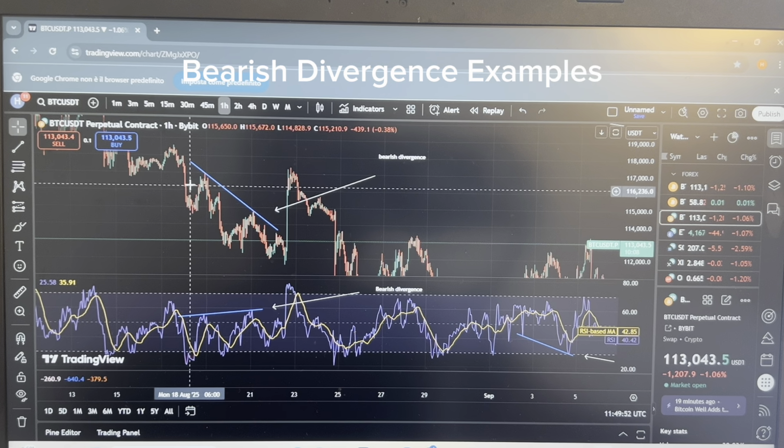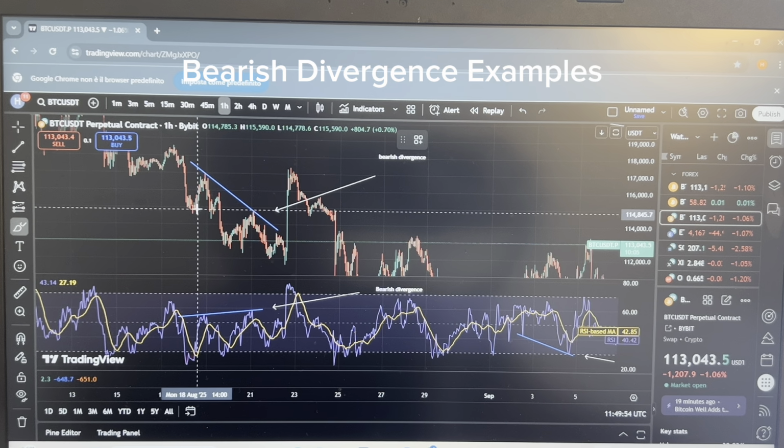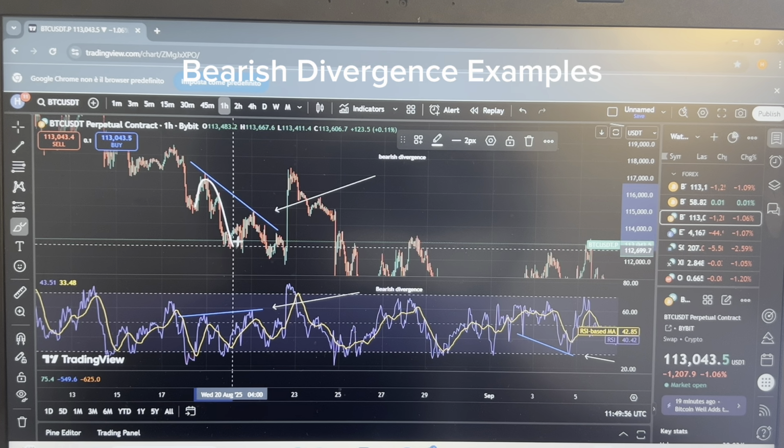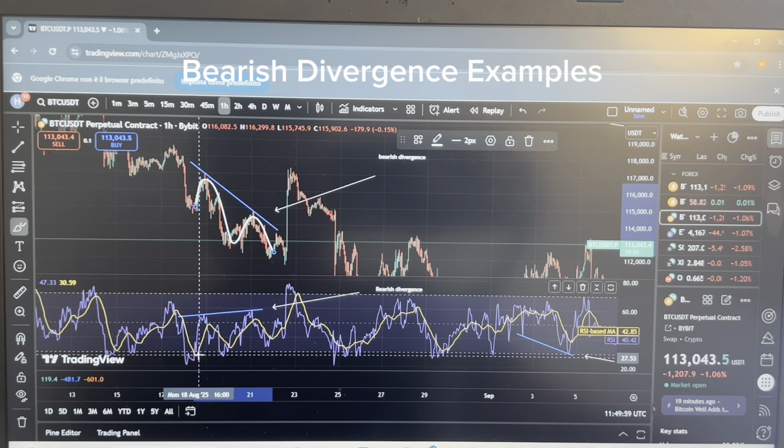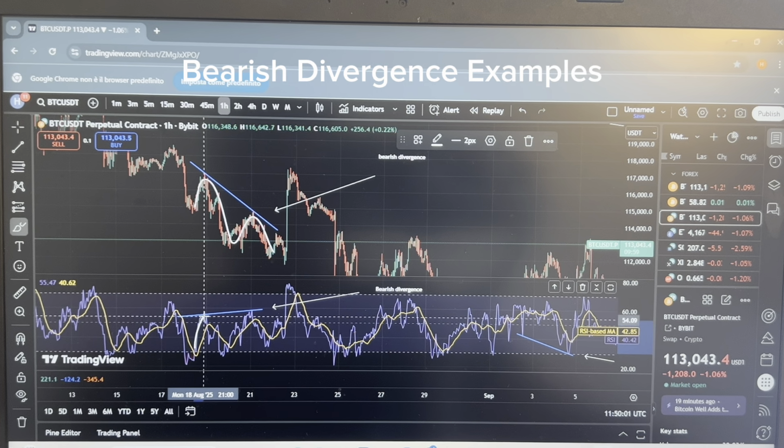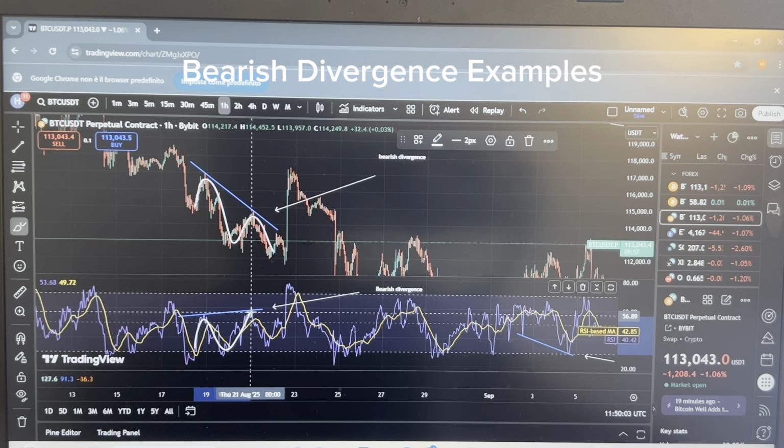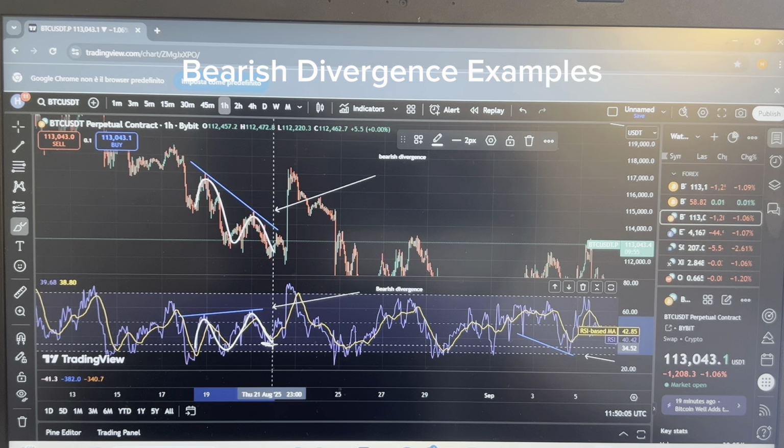So right now the market is actually making lower highs, but the RSI indicator is making higher highs, and eventually it respected the market's movement of going down. It went down.